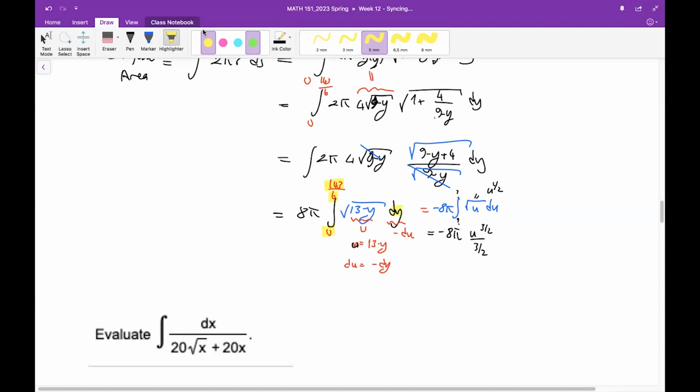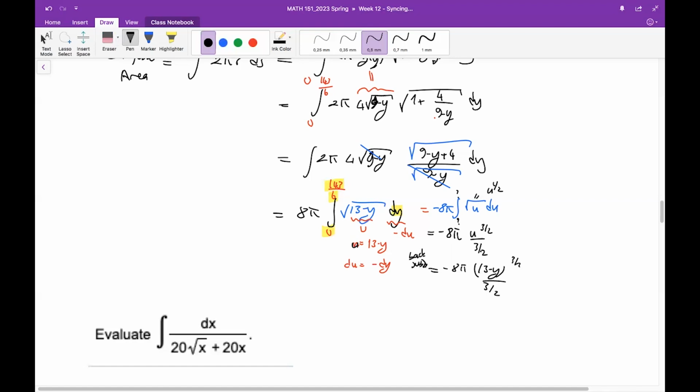Or instead of that, you can compute the integral without writing the boundaries here, and then you can turn back to your original variable, 2 over 3. Okay, what was u? Now I am turning back to the original variable. u was this, to the power 3 over 2, so I did back substitution here.